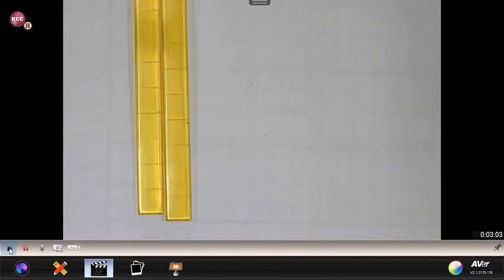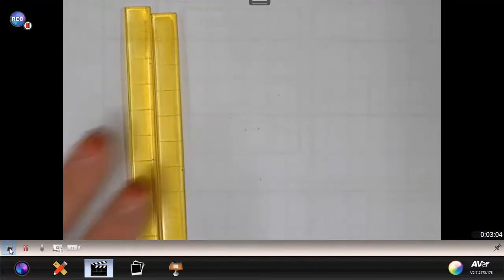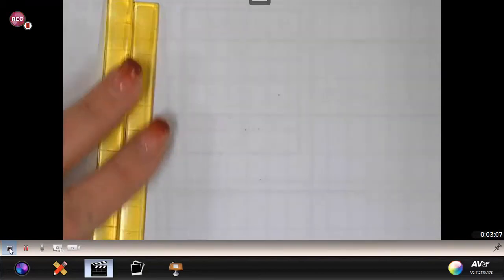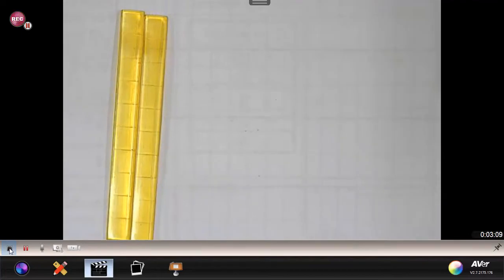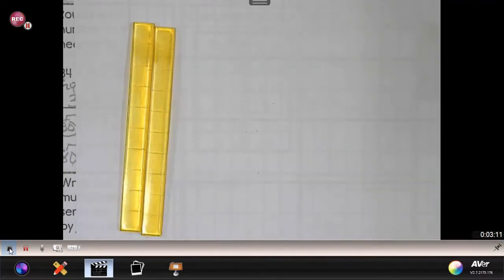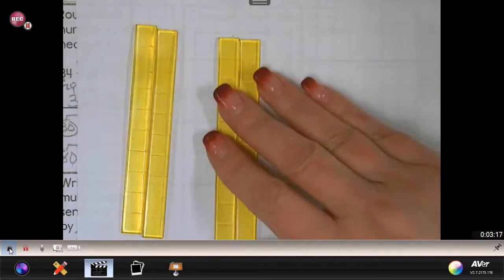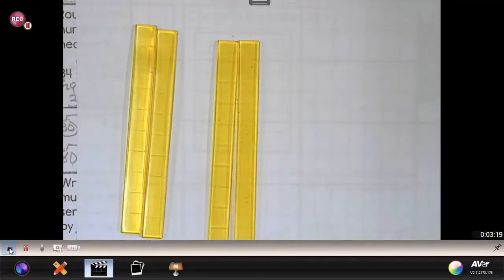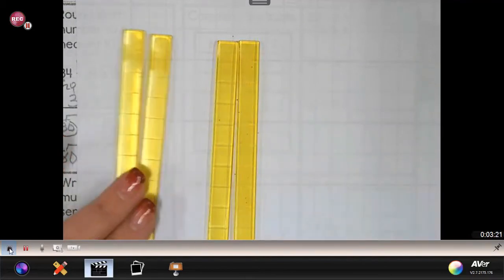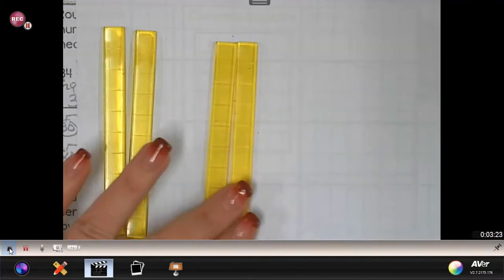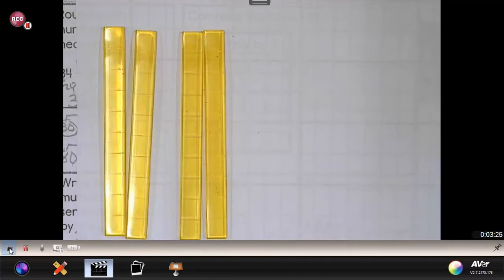But if I wanted to show this as base 10 blocks, here's a group of 20. So here's one group of 20, and that's 20. I'm going to zoom out here real quick. One group of 20 is 20. I have another group of 20, and now I'm at 40. So 20, 40. It's just like counting by 2s, but we're counting by 10s, right? 2, 4, 20, 40.